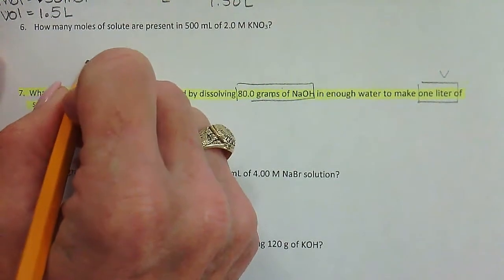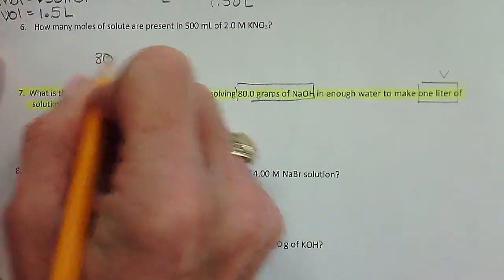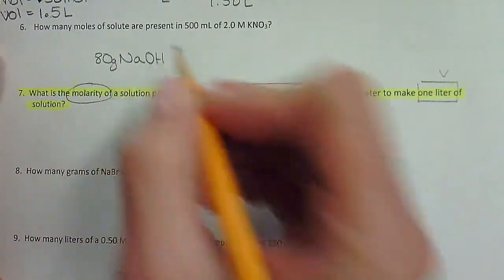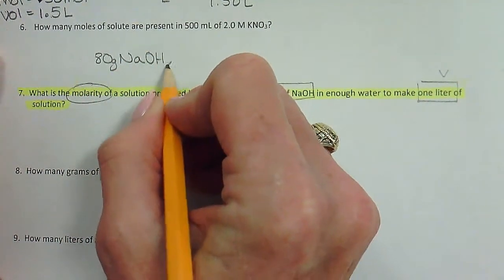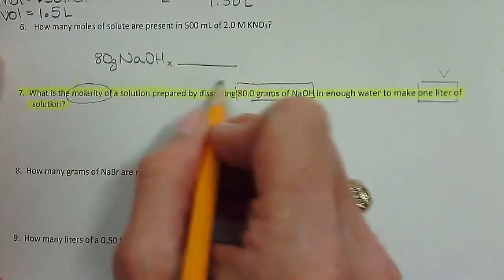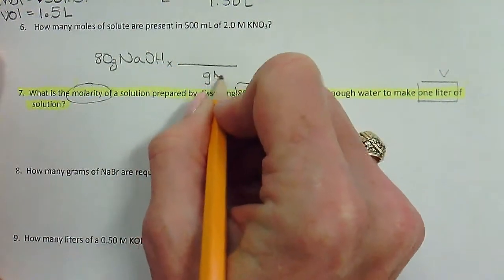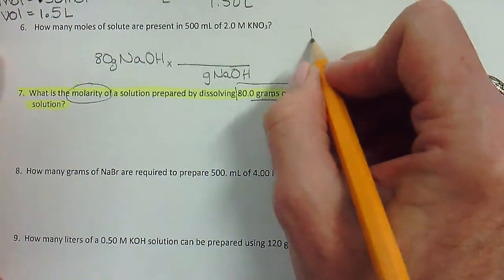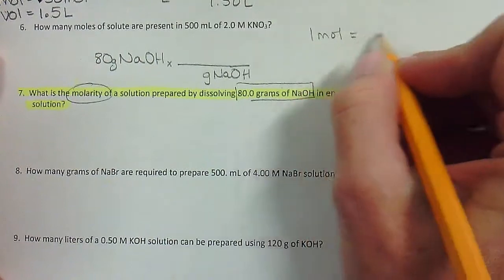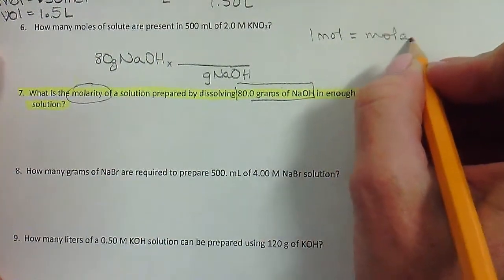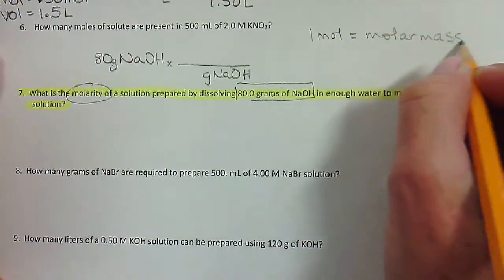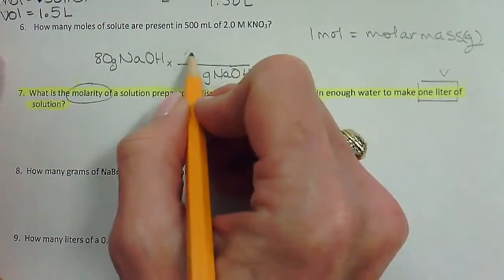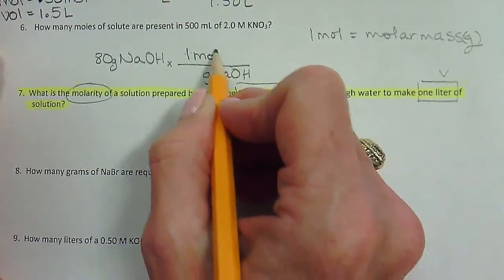So I'll use a space up here: 80 grams of sodium hydroxide, and I need to convert it into moles. Recall that 1 mole equals the molar mass in grams. So I need to find the molar mass of this in 1 mole of this.